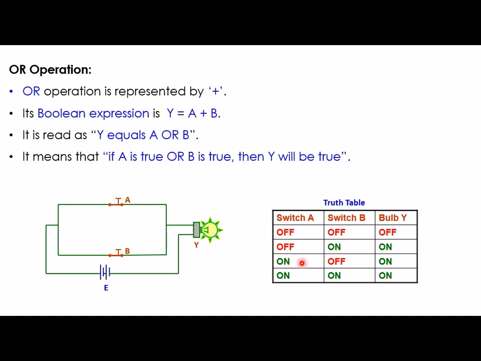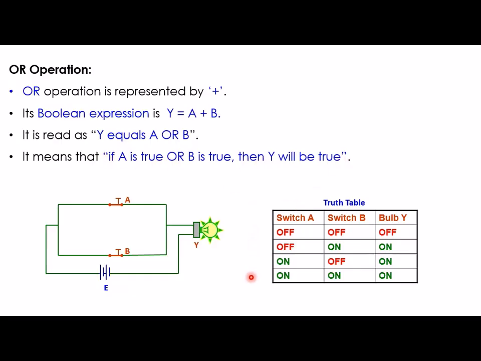What is this table showing? This table is showing that if either A is on or B is on or both are on, then the bulb is on, and the bulb is off only in the case when both are off. This table is representing this statement, isn't it?